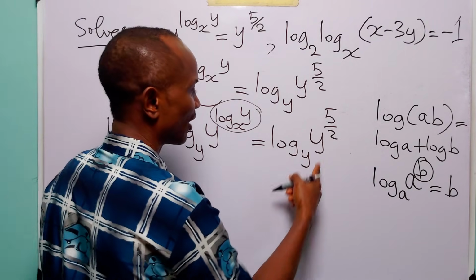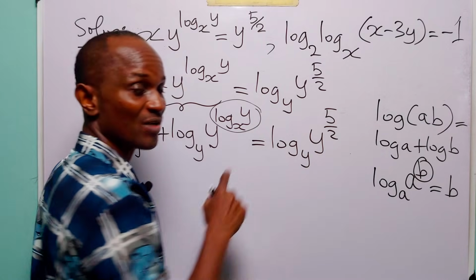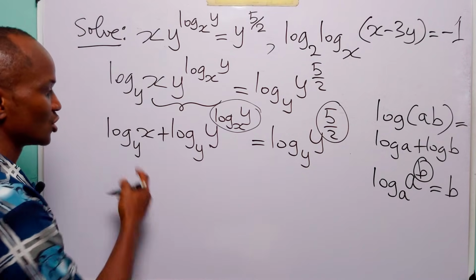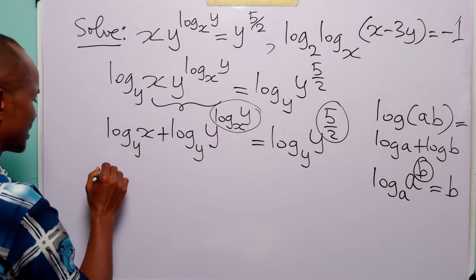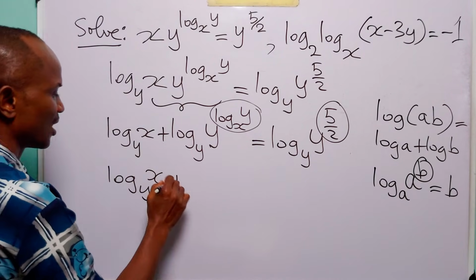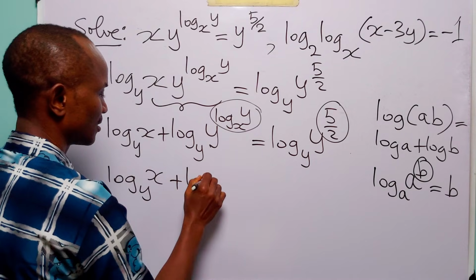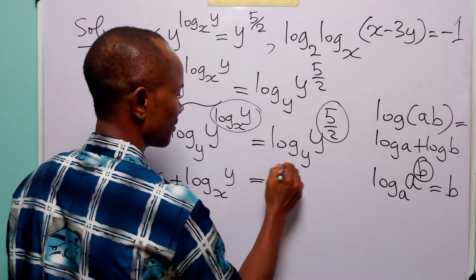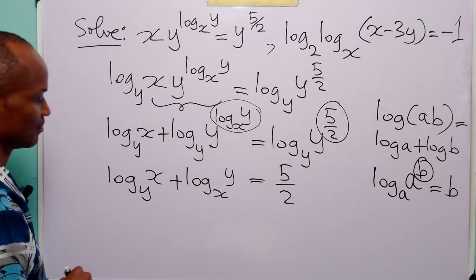And log to base y of y to the power 5 over 2 is simply equal to 5 over 2. So we can rewrite this equation as log to base y of x, that is this, plus log to base x of y is equal to 5 over 2.